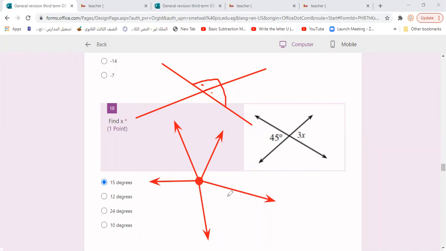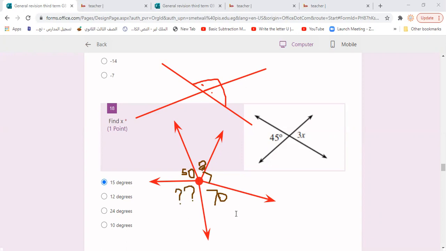This is called what? If I give you a question like this and I put the angles inside, so this is 20, this is 90 degrees, this is 50, and this is 70, and I'm looking for the missing angle, how will you find the missing angle here?